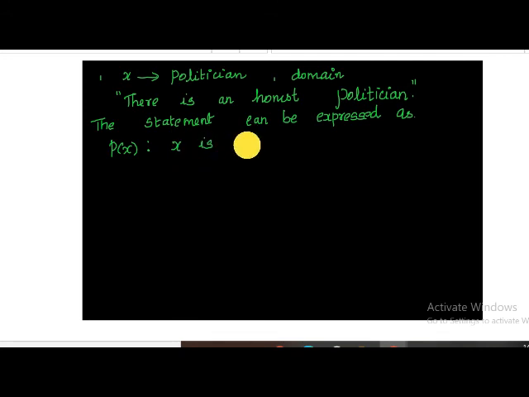Now we have to write the negation of the statement. So what is the quantification? "There is" means there exists. We take the connective word as there exists. So the statement can be expressed as there exists x P of x.